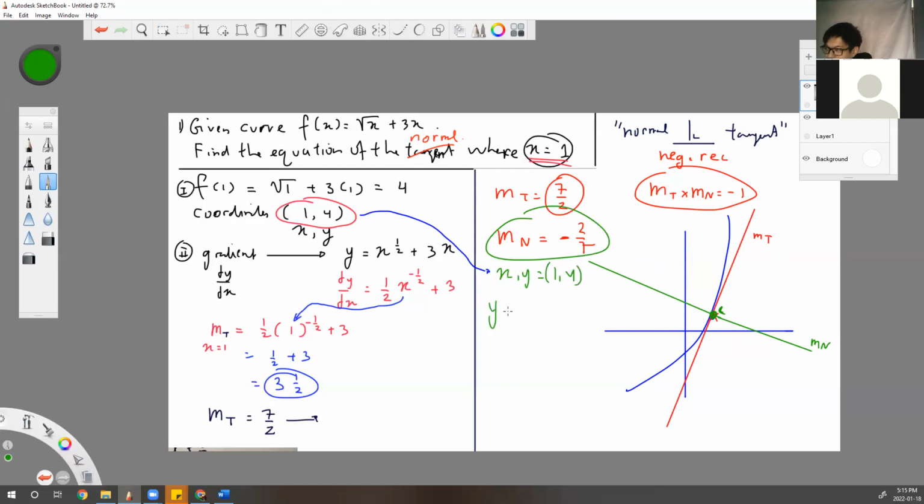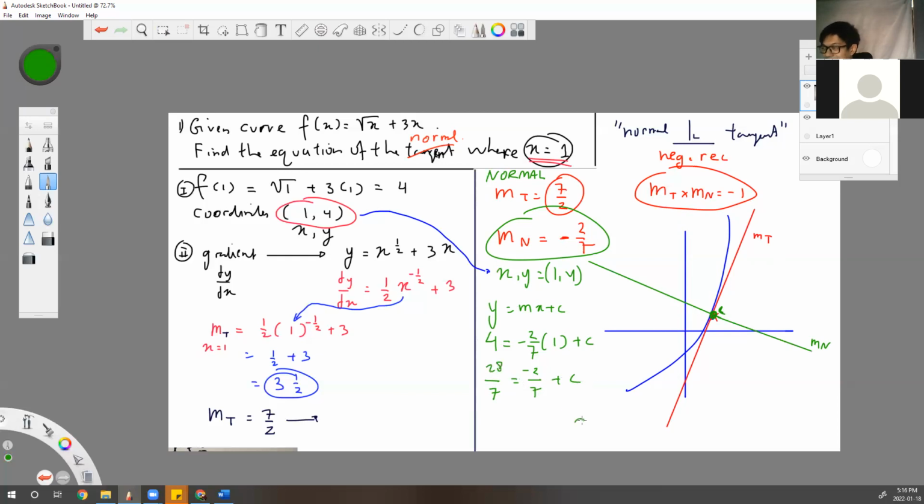So again, y equals mx plus c. We use the normal now. We are finding the normal line. So y, 4, equals -2/7 times 1 plus c, right? And then we can find c. It's challenging, the number is so bad. 4 equals -2/7 plus c, so 28/7.